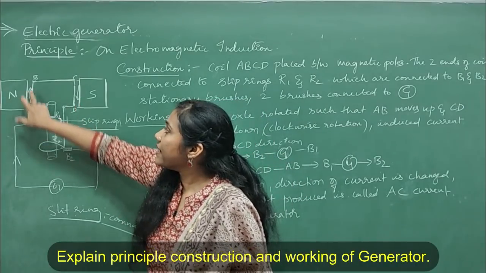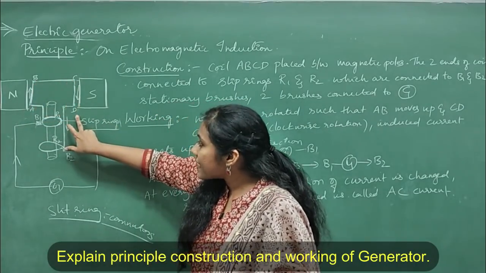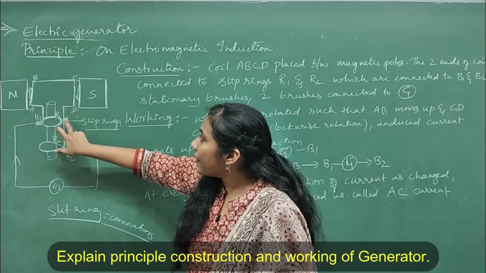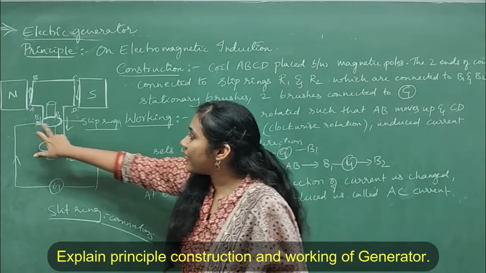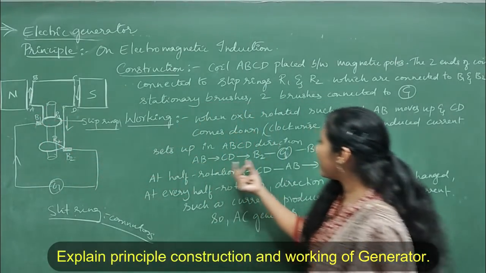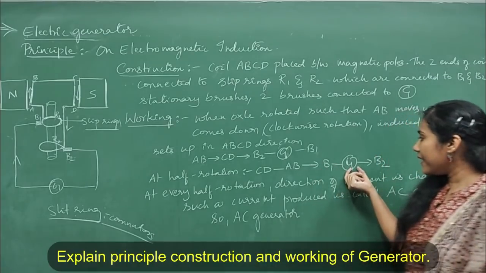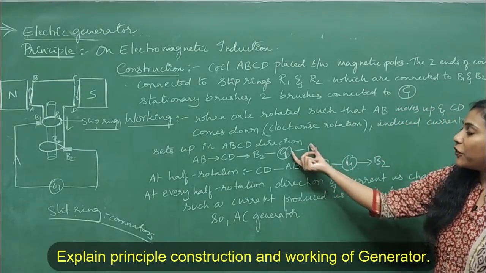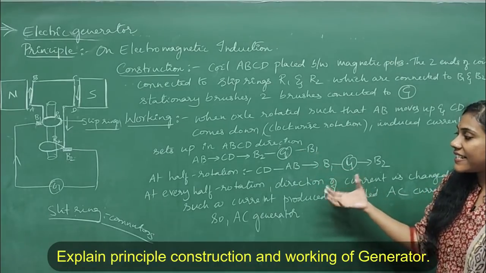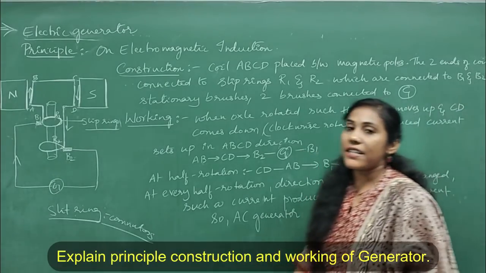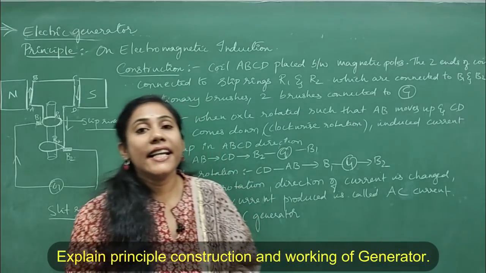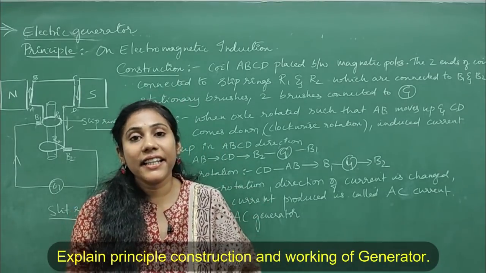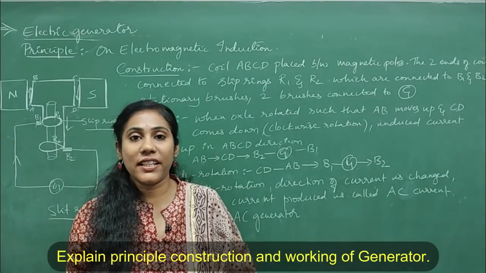So current goes through CD, then BC, and AB is always connected to the carbon brush B1, then the galvanometer and then B2. So at every half rotation, the direction of current is changed. That's why we call such a current AC current. So AC current is produced in an AC generator.